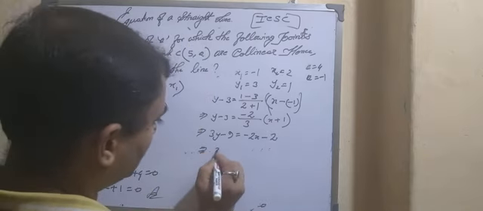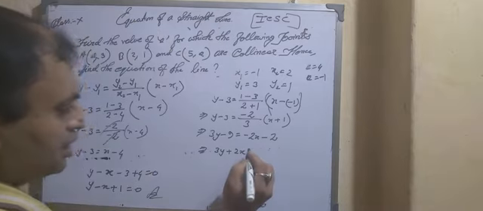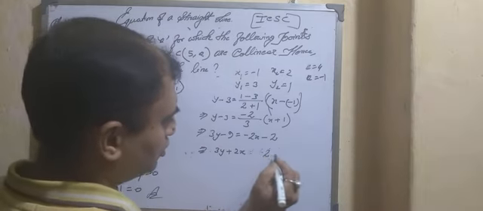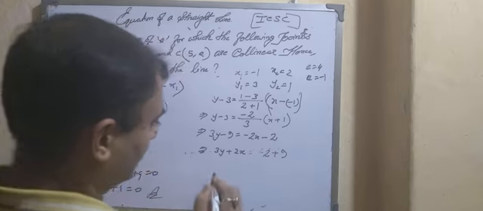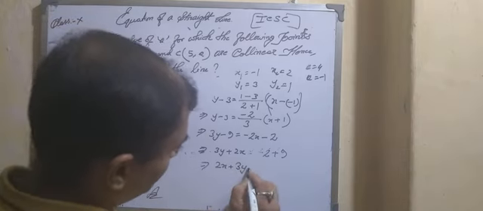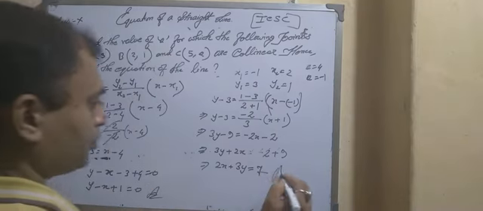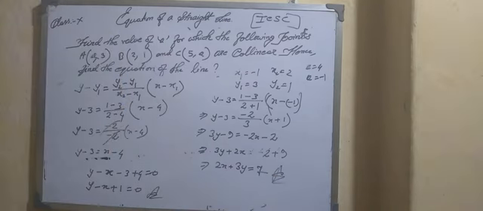It means 3y plus 2x equal to minus 2 plus 9. That means 2x plus 3y equal to 7. Okay, so now we have got these two equations.